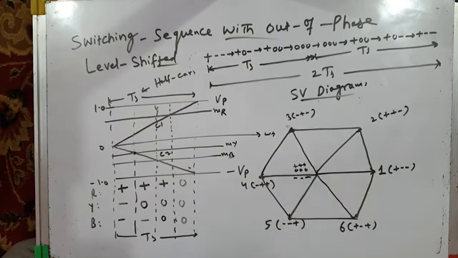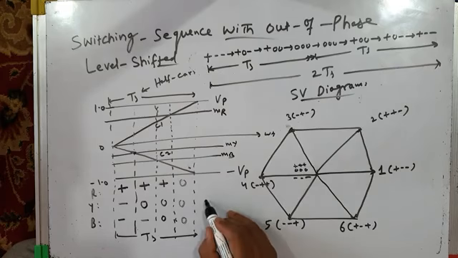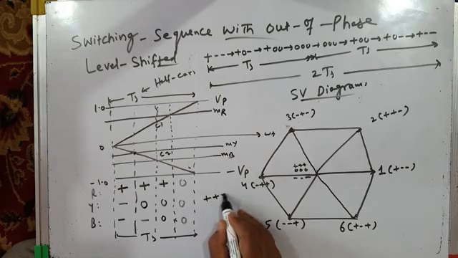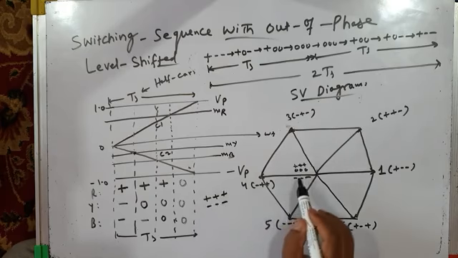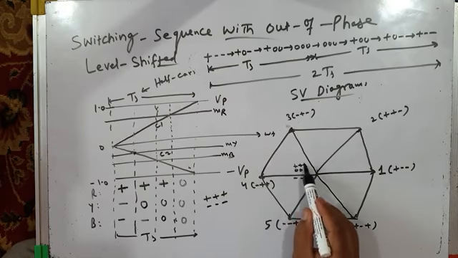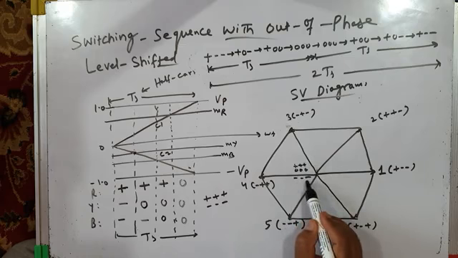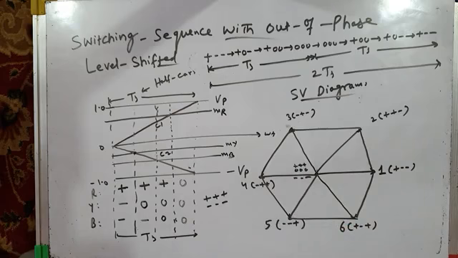If you remember, in 2-level inverters we had zero switching state, either plus plus plus or minus minus minus. But in a 3-level inverter, plus plus plus is a null vector, minus minus minus also gives a null vector, and 0 0 0 also gives a null vector. The 0 state is absent in a 2-level inverter.